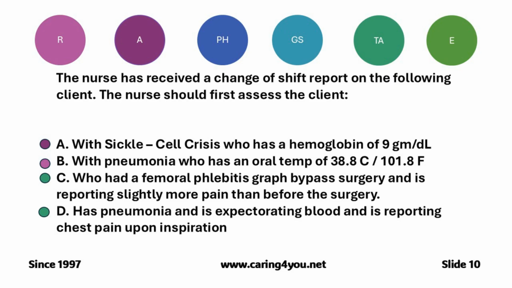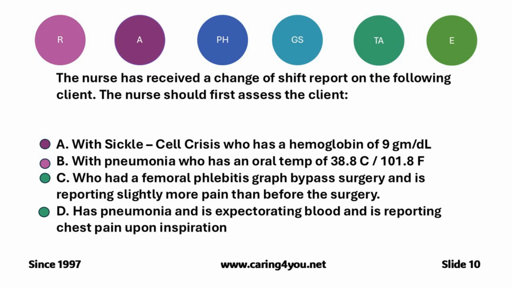So put a TA next to D. So to summarize, we have an analyze cues, we have a recognize cues, and we have 2 take actions. Now, if take action takes priority, we can X out analyze cues and recognize cues. We can eliminate answer A and B.